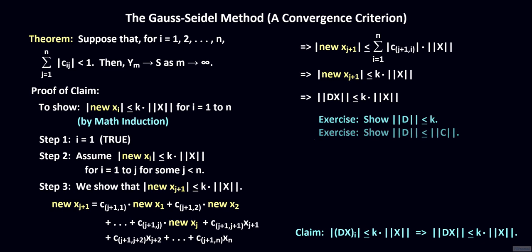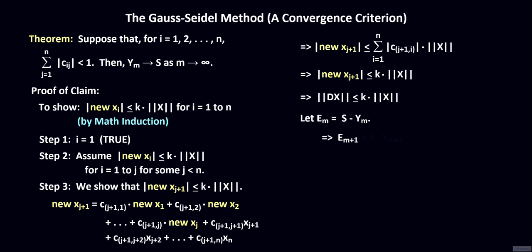Now let the error vector at the mth iteration be uppercase E sub m. We define E sub m to be the solution vector S minus the vector estimate y sub m, so that E sub m plus 1 equals S minus y sub m plus 1. S equals D times S plus B double prime, since S is a fixed point of the recursion.